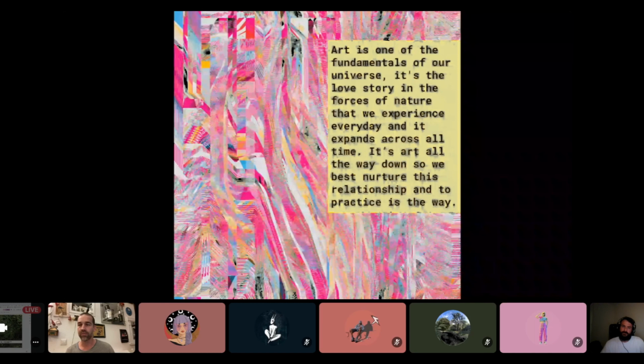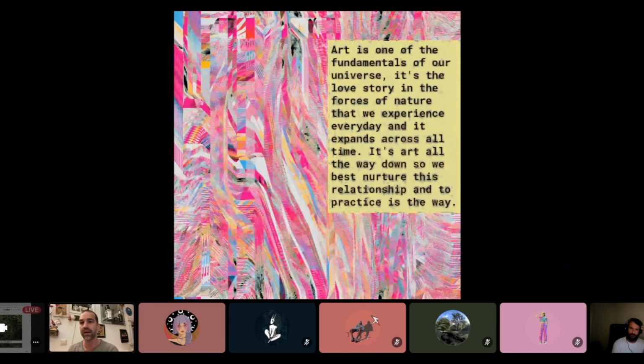Okay, so I wrote this bit. Art is one of the fundamentals of our universe. There are a few basic things about how everything works, and everything is art in a way. It's the love story in the forces of nature that we experience every day, and it expands across all time.